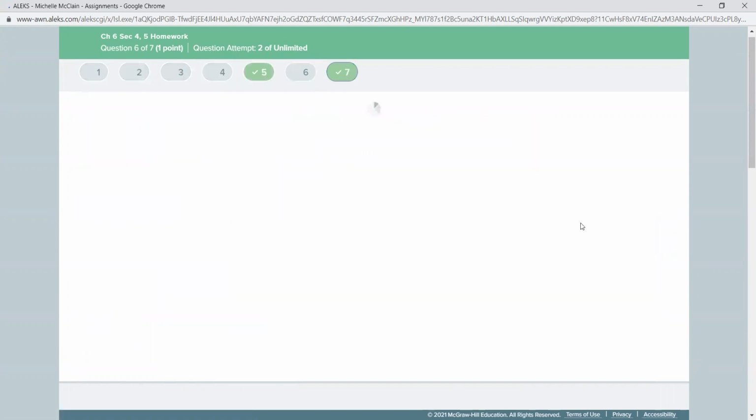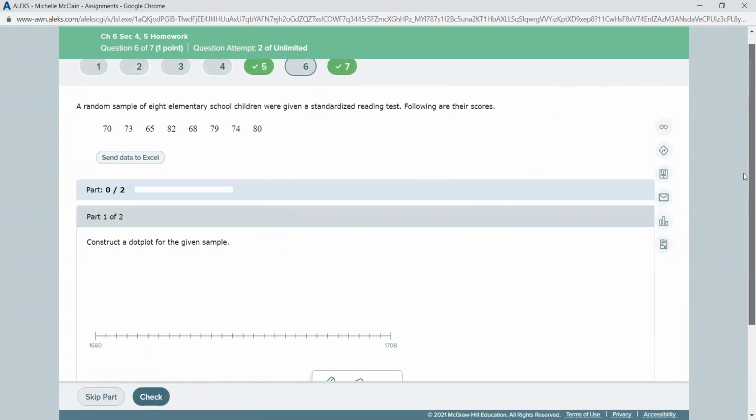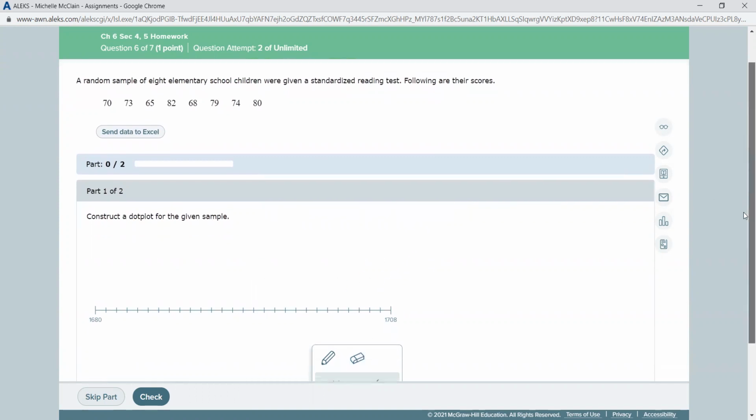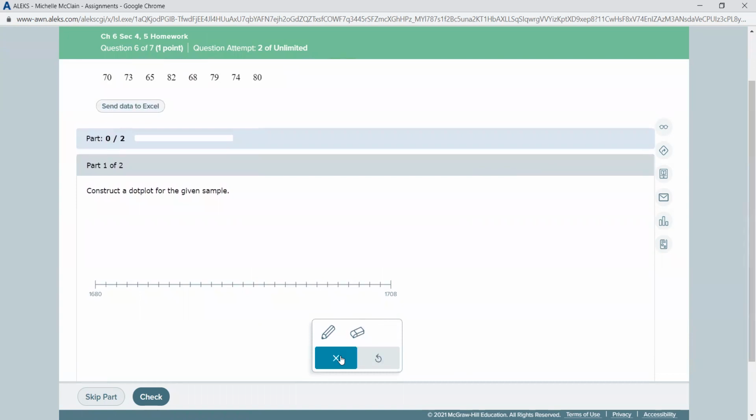So I'm going to go over to number 6 real quick, and I'm just going to talk about how to actually construct the dot plot. It's actually simple. When you scroll over it, the pencil appears. You do have an eraser if you need to make corrections. You can X, the X means you start all over. And then of course you have your undo button if you made a mistake and you want to undo it.